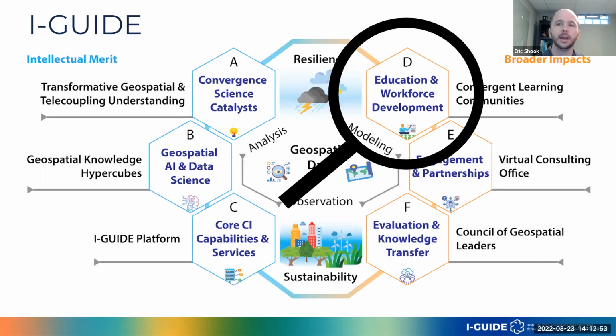So while today I'm going to be talking about the convergence of the real world and the cyber world, this is simply one example of convergent learning that I-GUIDE is going to be interested in studying. And I'm going to be focusing on that use case because that's really what I know.